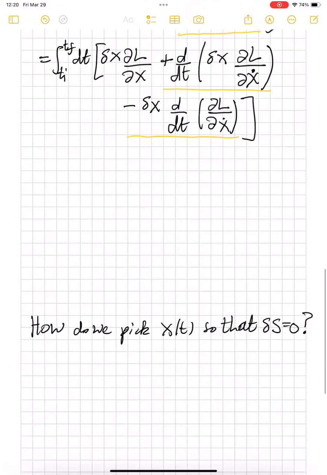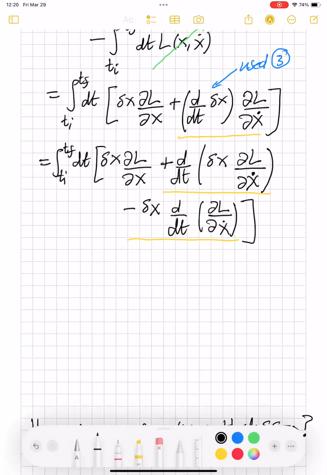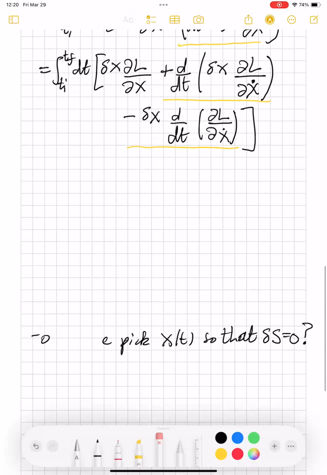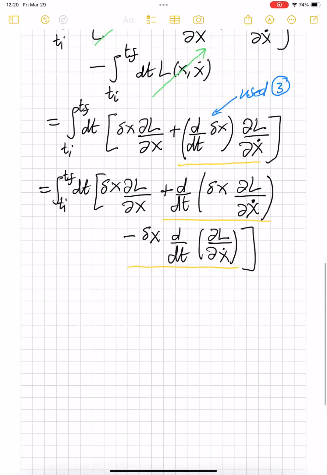So what have we got? Oh, so this was here from the previous lecture. Let me just remove that. That's now gone. Okay. And now we've got an integral from Ti to Tf dt. We've got delta x, and now I'm going to collect. Here's the first term. It's delta x dL/dx.